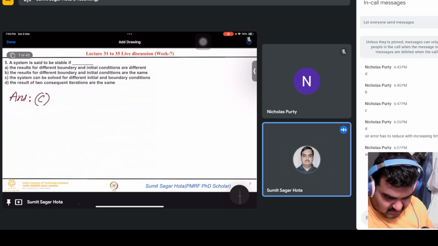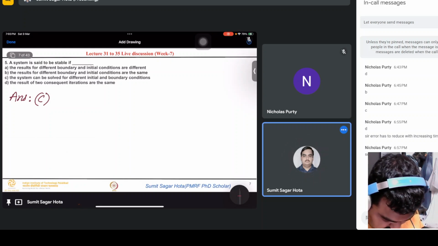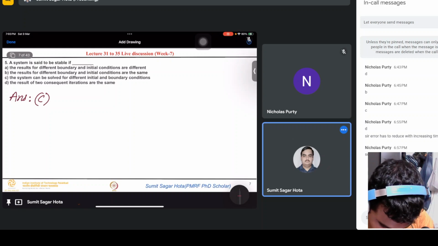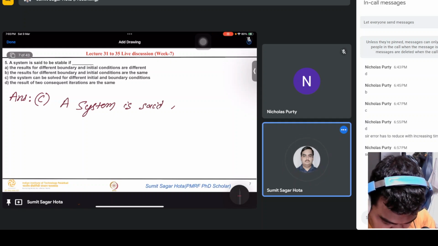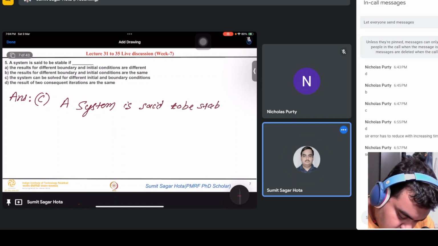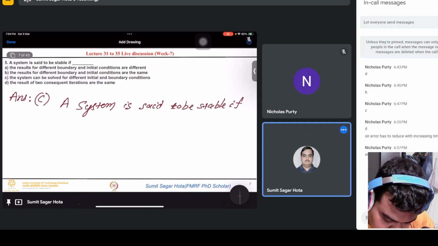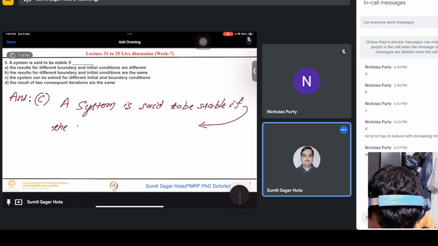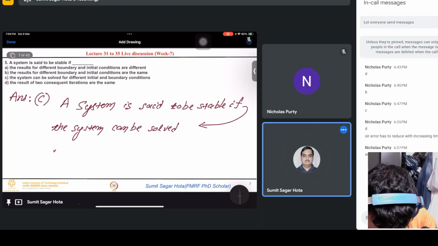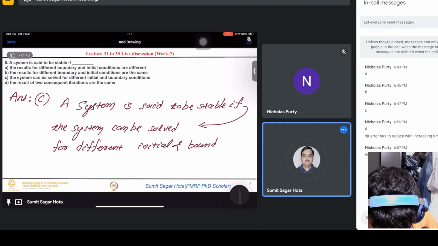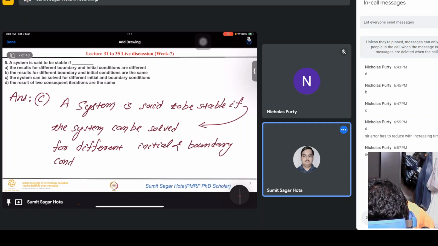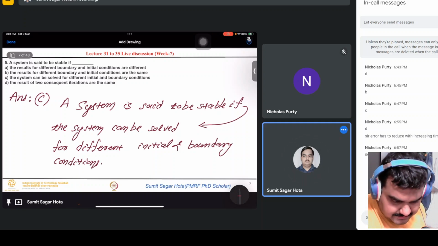I think for the whole you should know all these things very carefully. So we can go to the next one.